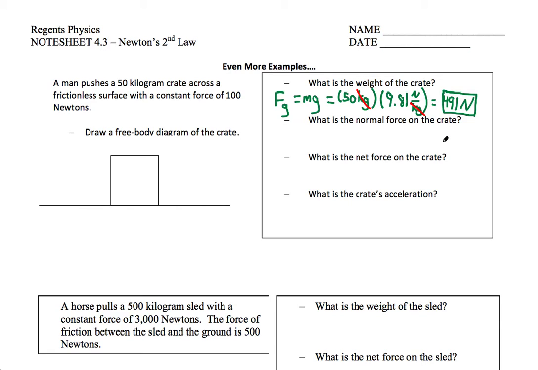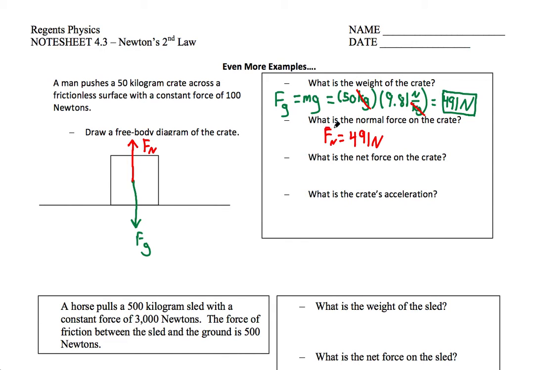They're the same thing. So then the normal force, just conceptually: if the weight is 491, if F of G is the weight pulling downwards, then the normal force that's pushing back upwards has to exactly balance that out, because the crate's not moving, it's not accelerating vertically at all. So if this is our normal force, and F of G is 491, then our normal force also has to be 491.